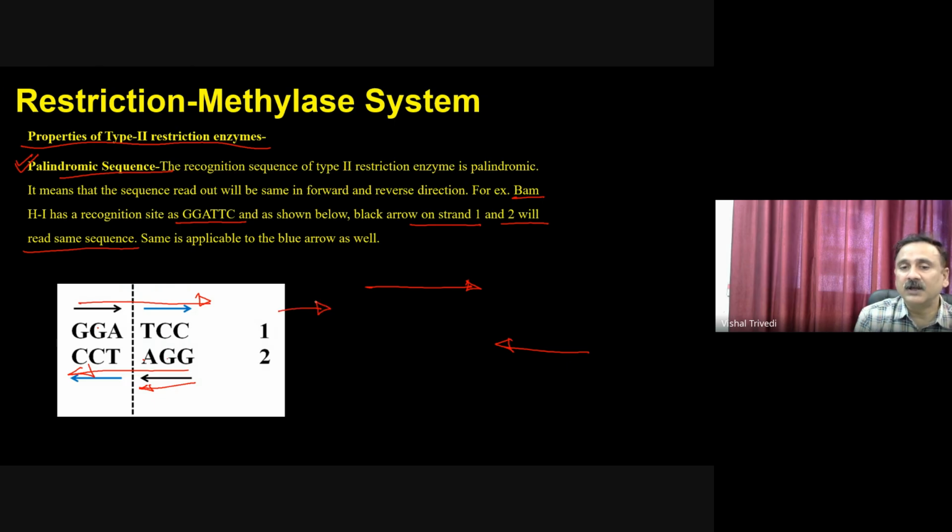Because of this, you are able to generate sticky ends. For example, if it cuts here, it is going to generate a sequence like this. One DNA is going to be like this, the other DNA is going to be like this. Because of that, it generates sticky ends, and that's how it allows the religation between the foreign DNA and the other DNA.